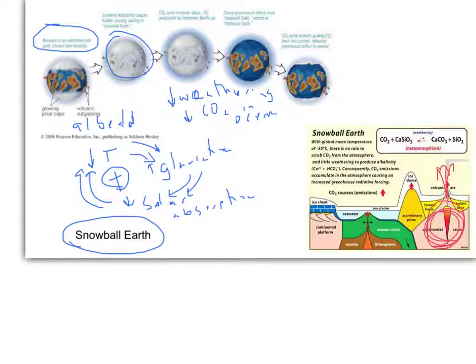Eventually, over time, you're going to build up more and more of a greenhouse effect in the atmosphere, and that's going to lead to a greenhouse-induced hothouse effect that will eventually melt those global ice coverings. Over time, the Earth will revert back to its more normal glacial and interglacial situation.